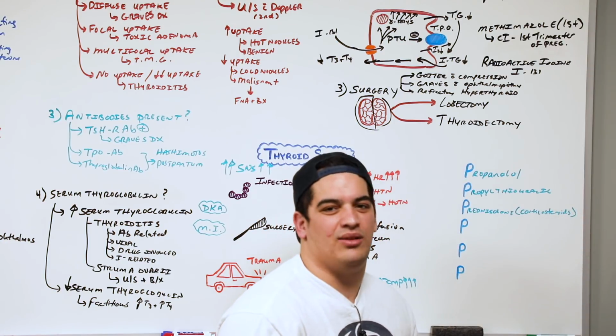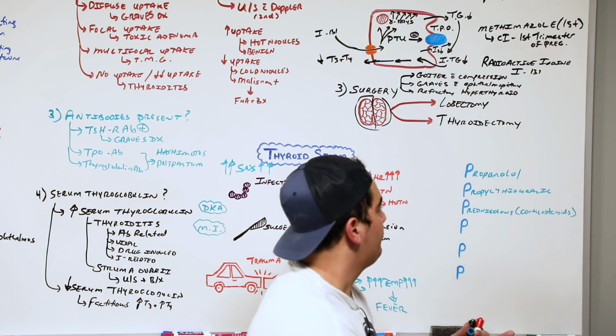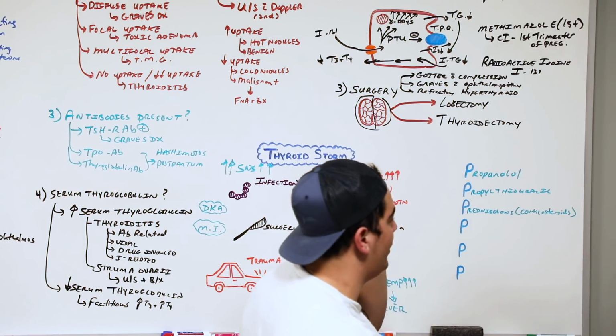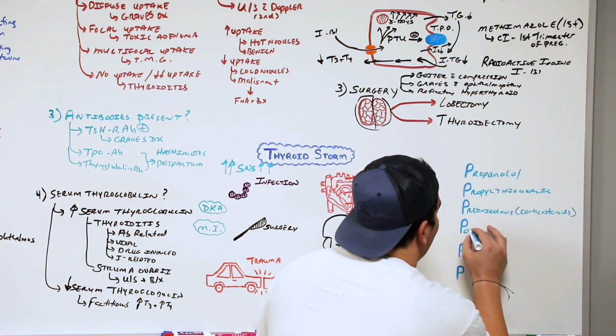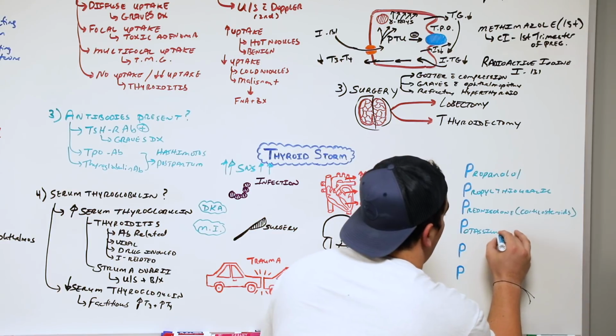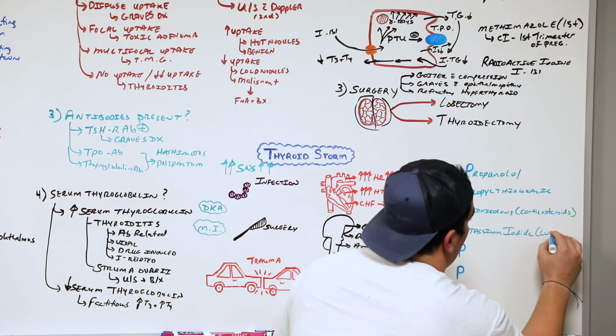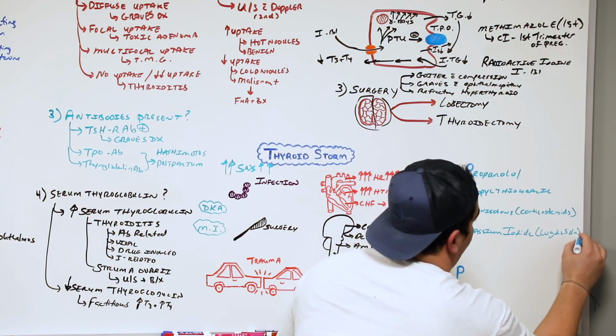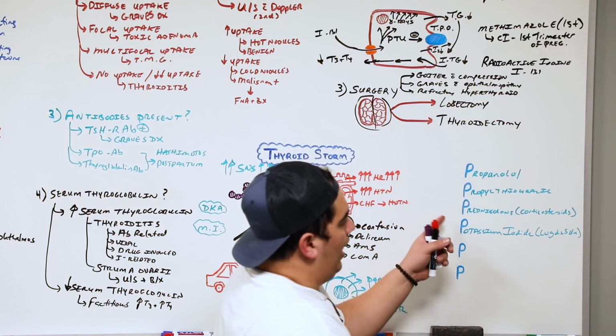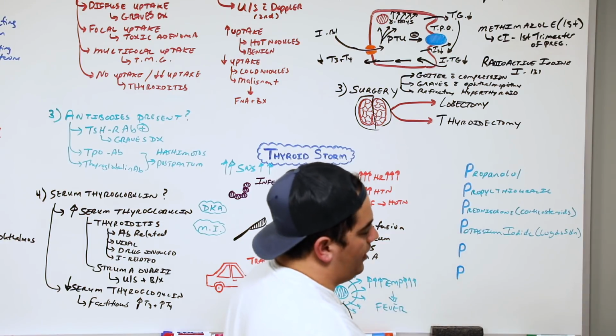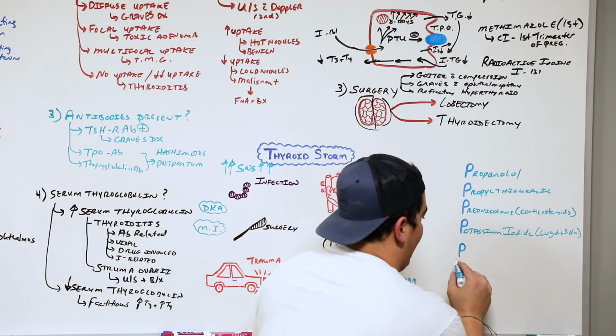I'm just telling you prednisolone so that you remember corticosteroids. Okay, so propranolol, propylthiouracil, prednisolone, and potassium iodide, also known as Lugol's solution. I'll explain this one last because there's a mechanism that you need to know. I'll talk about it really quickly afterwards.